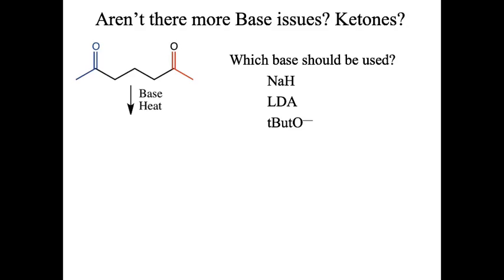Why does that make things interesting? Two different hydrogens, that could be cool. We also have electrophilic sites. In particular, how many electrophilic sites do we have? Two. If we address the alpha hydrogens, you're right, it has two different alpha hydrogens that could be removed.